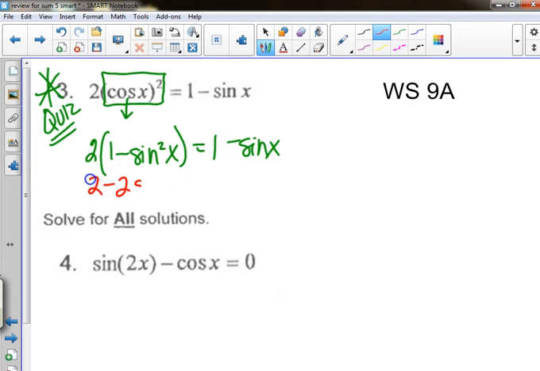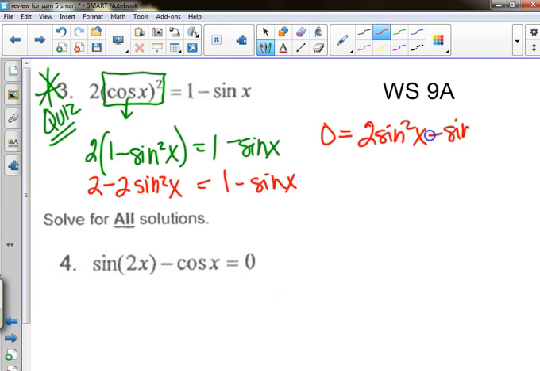Distribute. I'm going to move everything to the right side, I think. Did anybody end up with that? A 2 sine squared, a negative sine, and a negative 1?